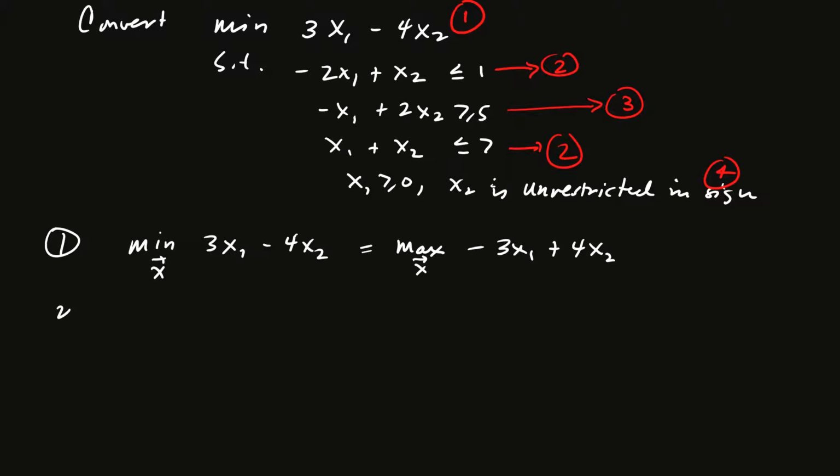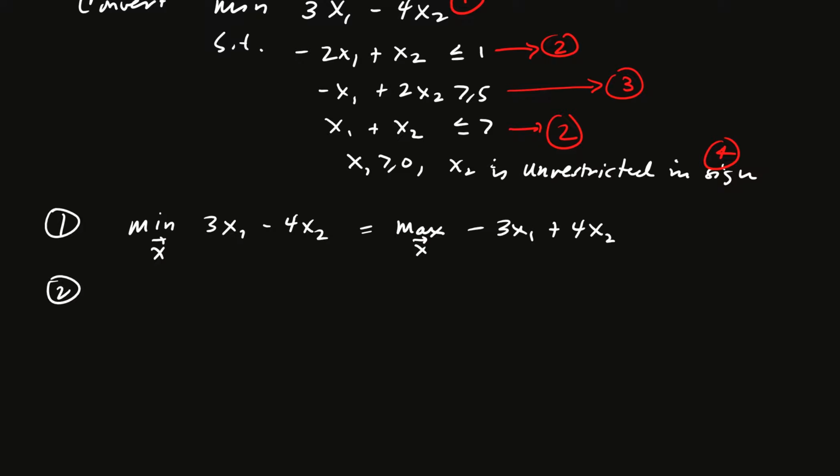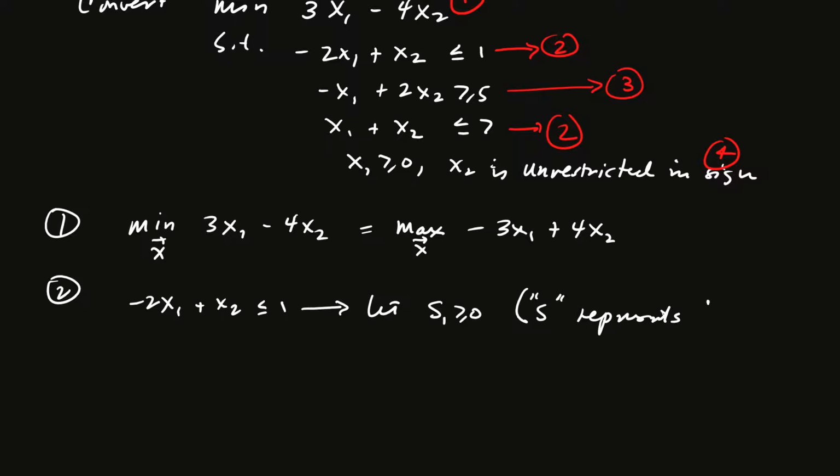Good. Issue 2: let me write down the constraint again up there, less than or equal to 1. We're going to change that by introducing a new variable. Let s1 be greater than or equal to 0. S represents what we're going to call slack.